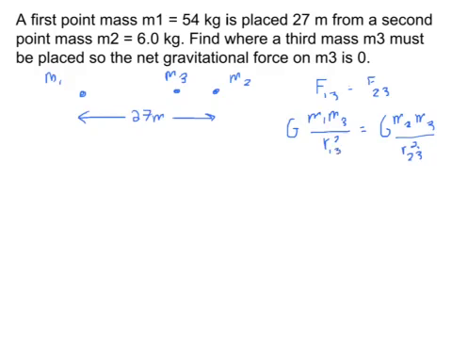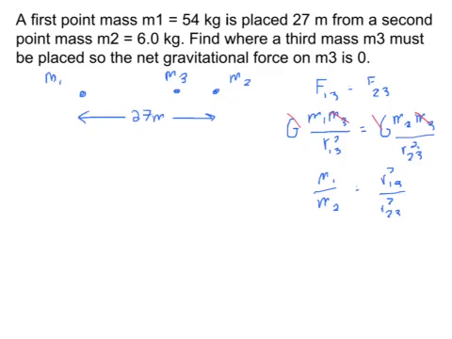You see that the big G's cancel, the m3 cancels, and if we rearrange, what we get is m1 over m2 equals r13 squared over r23 squared. And this is what we get.